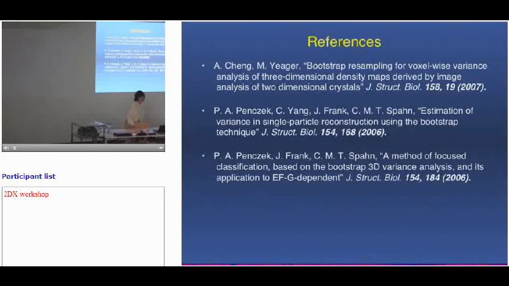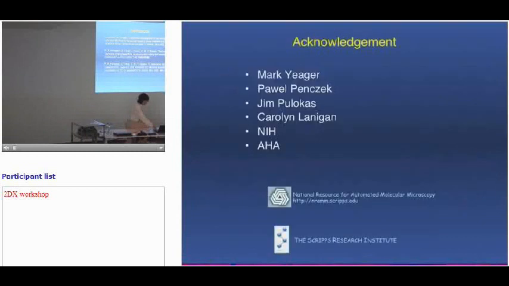So here are the three references of the original publications. And I'd like to thank Mark Yeager. I was working on this project for, I don't know, a long time. And this statistics excursion would not have happened if we had decided to just drop this and say nothing happened to the project.